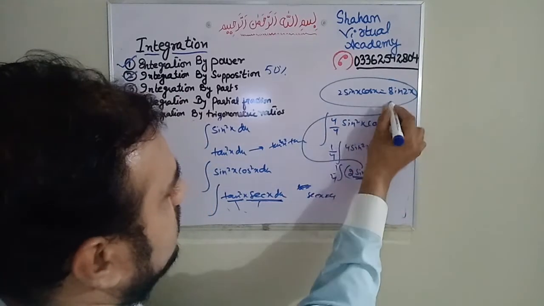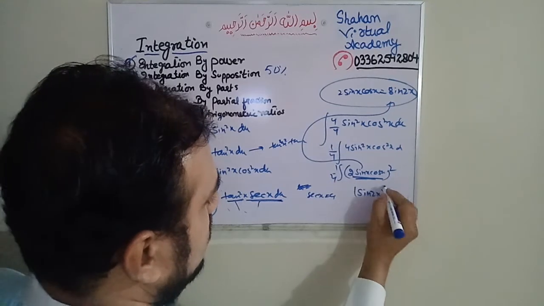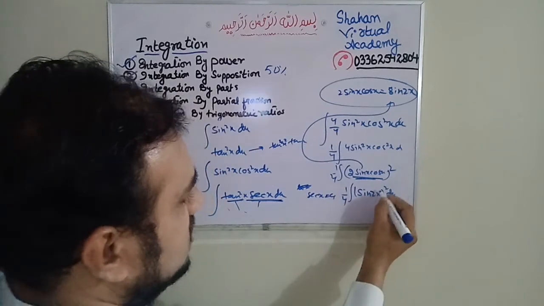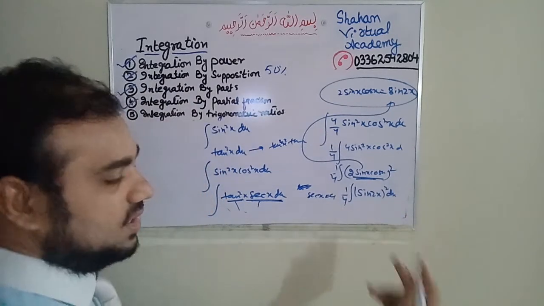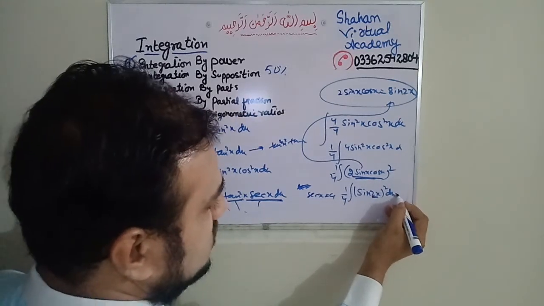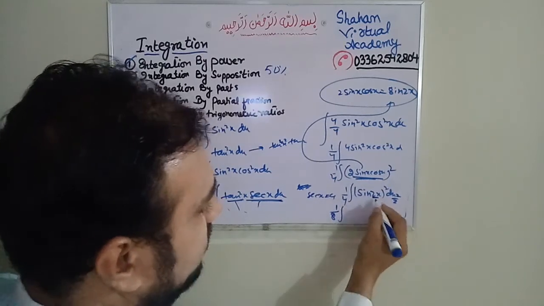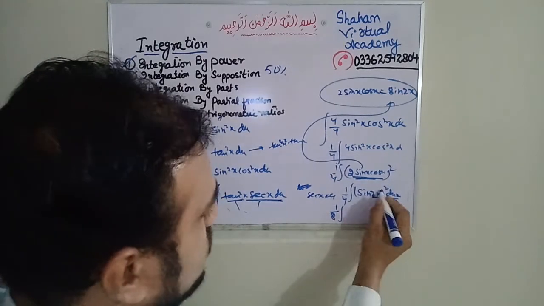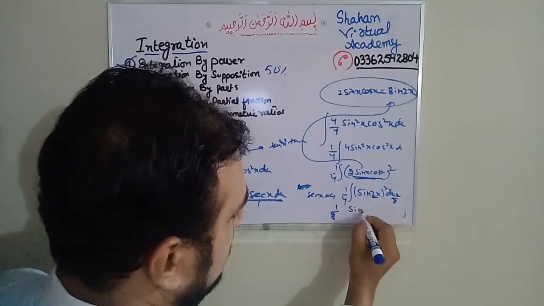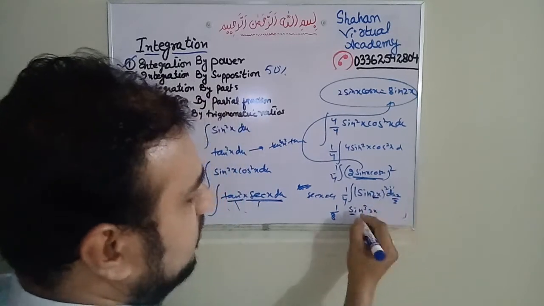It becomes (sine 2x) whole square dx. And you just find it by 2x, so you divide by 2, which becomes 1 over 8, and it's a u square function. So what is the integration? Its integration becomes sine cube 2x divided by 3. Okay, 2 plus 1 and plus 1.